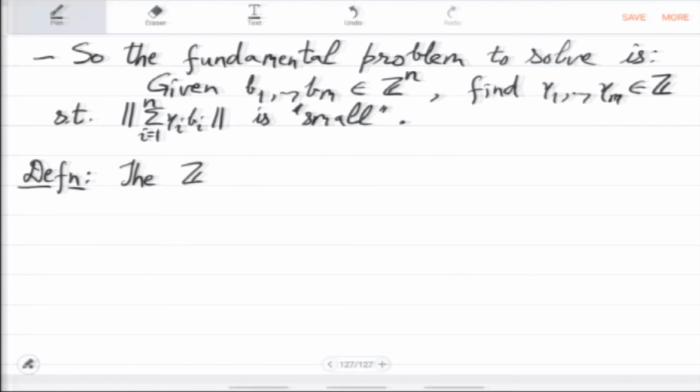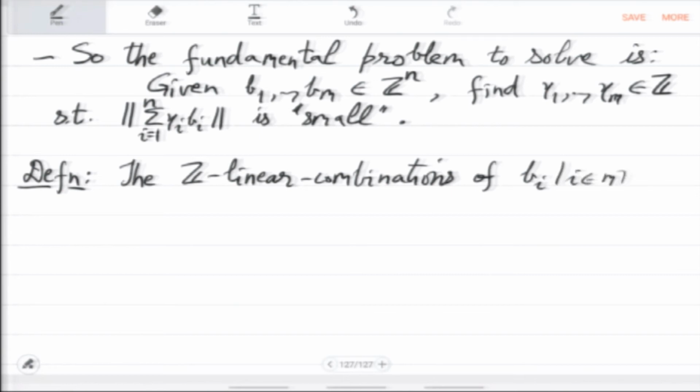So the Z linear combinations of b_i define a lattice.